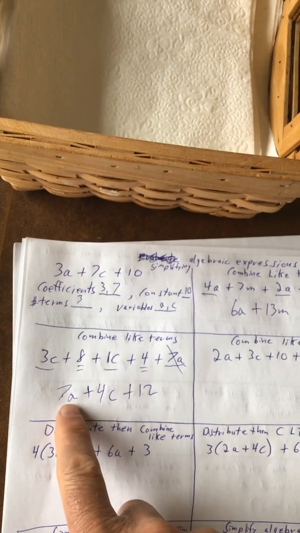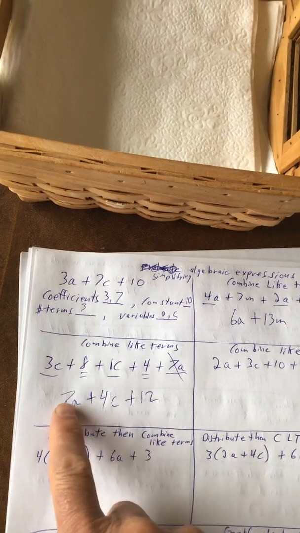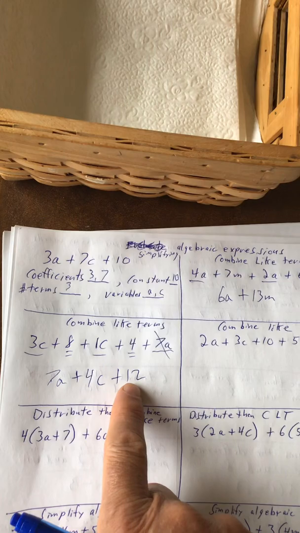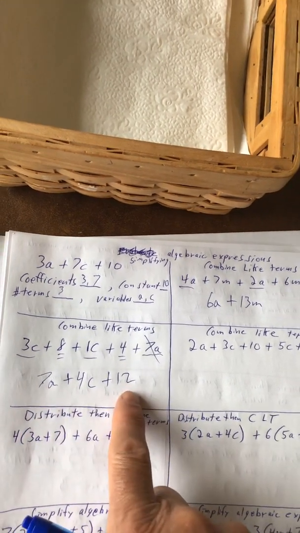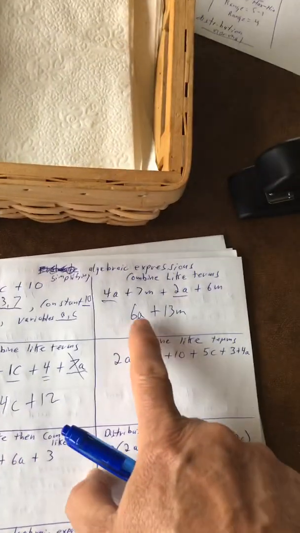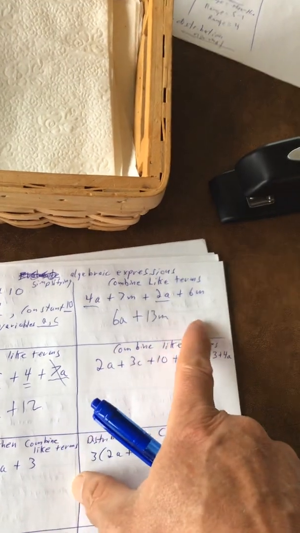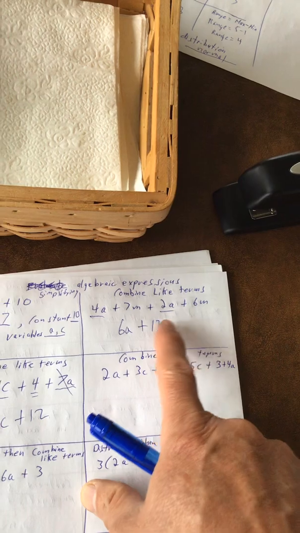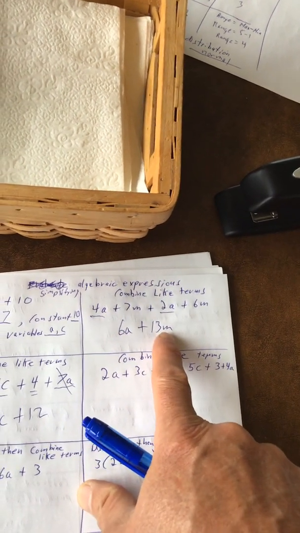My variables are a and c. My coefficients are 7 and 4, and my constant is 12. And you put them alphabetical. Right? This one only has 2 terms, doesn't have a constant. There's no term that's just a number. My coefficients are 6 and 13.